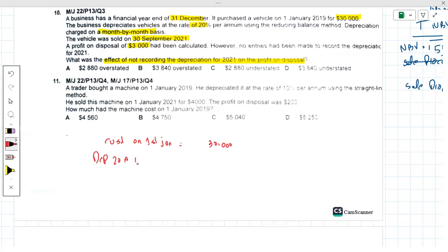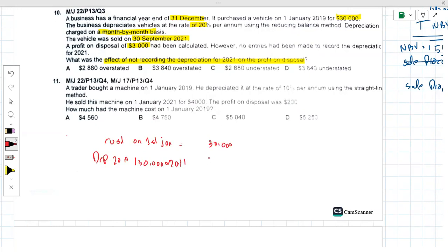So 30,000, because we are using, I think, the reducing balance method. Okay, so 30,000 multiply 20%.